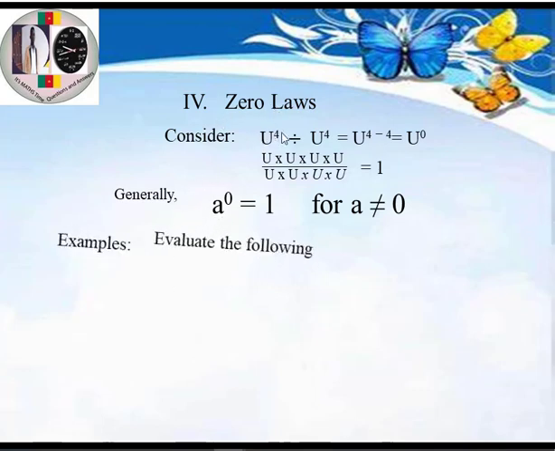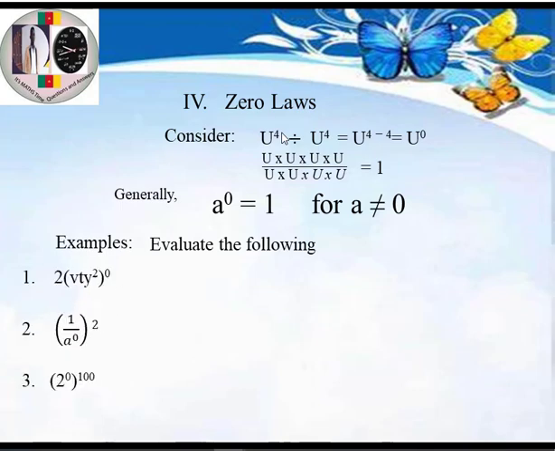For example, let's consider 2 into vtu power 2 all that power 0. I don't need to try to evaluate all these. Just the fact that vtu power 2 is raised to the power 0, I just consider all of that to be 1. So what I'll be considering now is 2 into 1, and 2 times 1 is 2, right? Okay, that's clear.